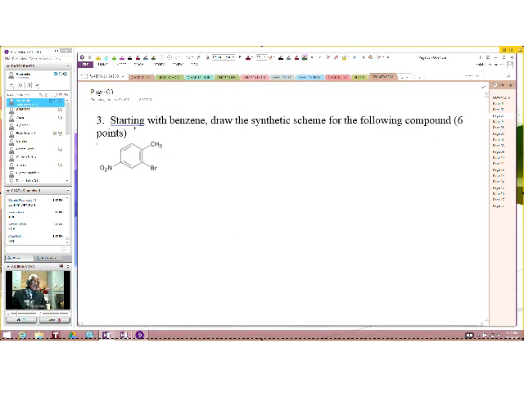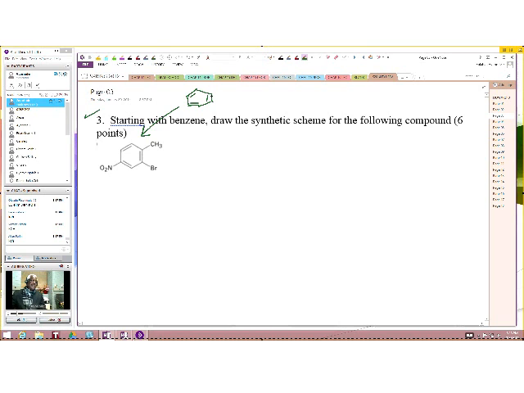Cynthia Jaffo, can you read this question for us? Starting with benzene, draw the synthetic scheme for the following compounds. Thank you. So in this question, they want you to start with benzene. This is a synthetic problem, unlike the other problem that we gave you, in which you simply need to know your reagents.